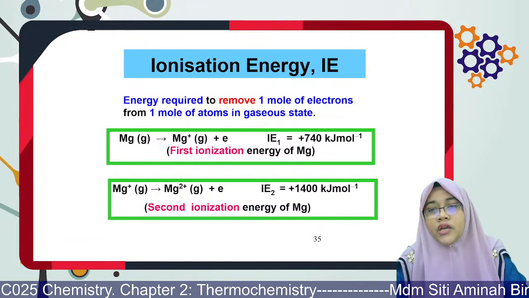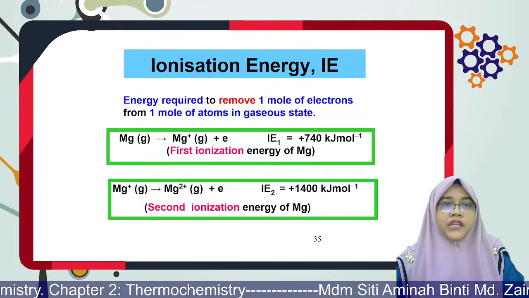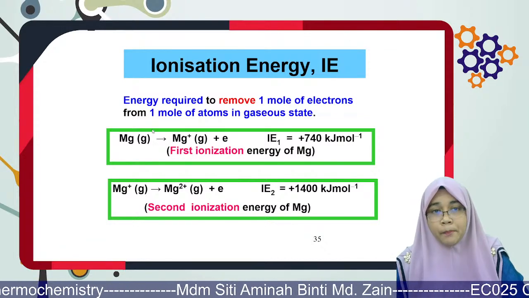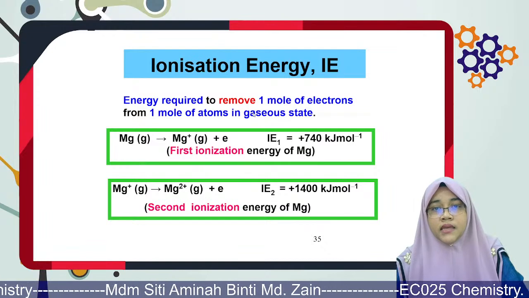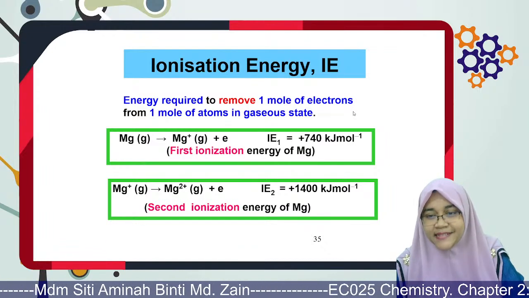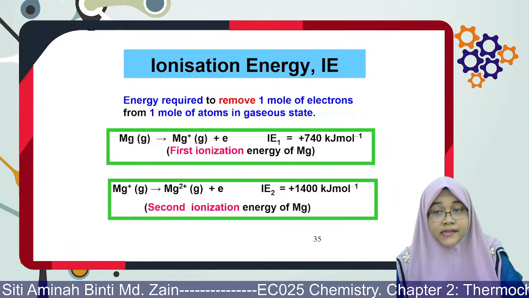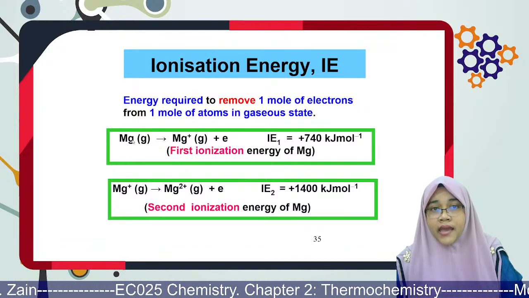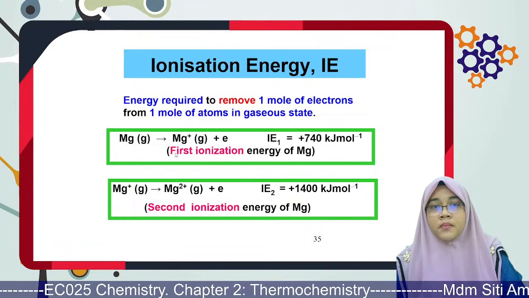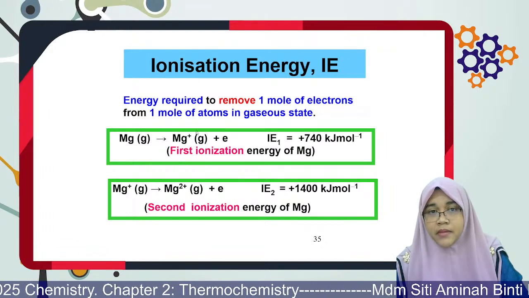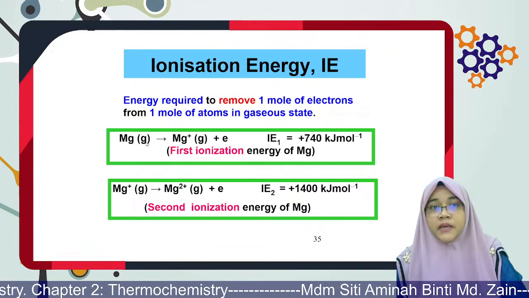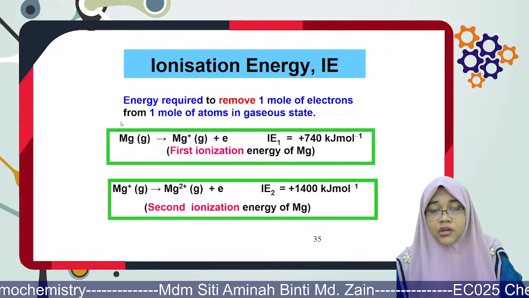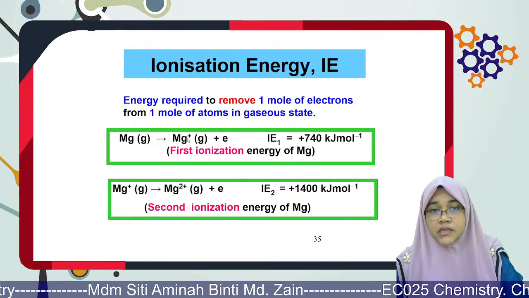So what is ionization energy? Energy required to remove 1 mole of electrons from 1 mole of atoms in gaseous state. For example, we have magnesium gas. This is an atom of magnesium, and it will form the ion Mg+ gas after 1 mole of valence electrons is removed.